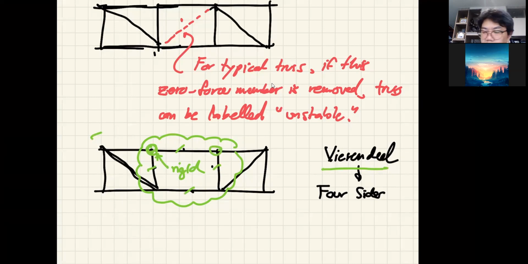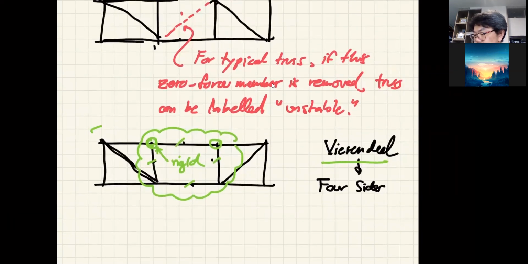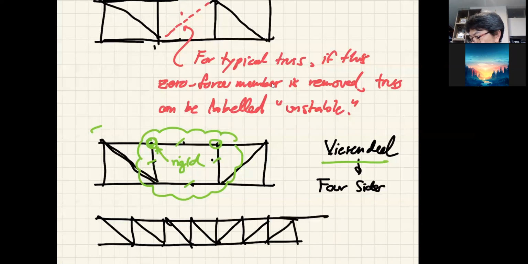Let's say I draw a long truss like this. I believe I have mentioned quite a few times in class that the truss is some form of a beam. The top chord and the bottom chord are the parts that take moment.